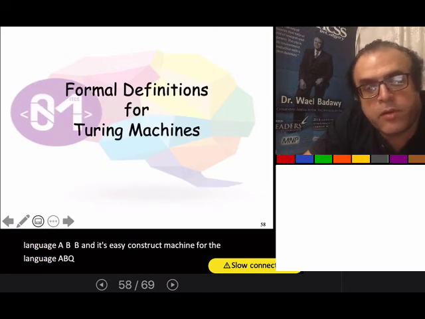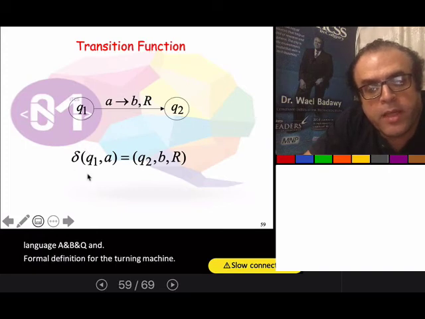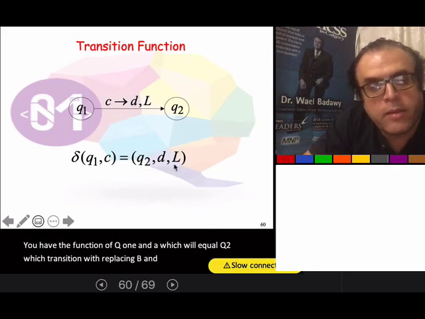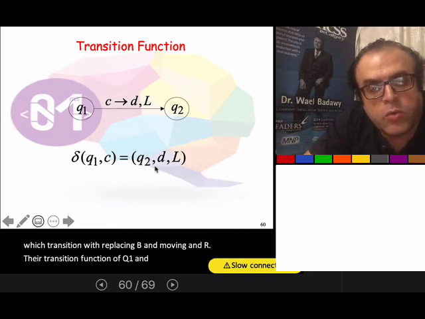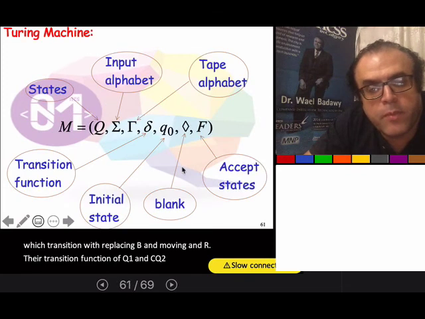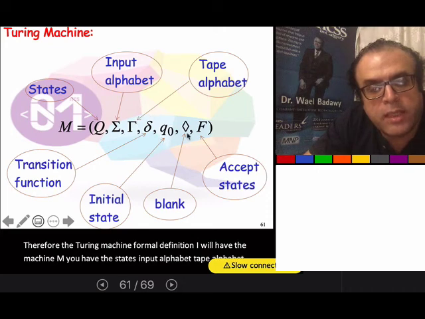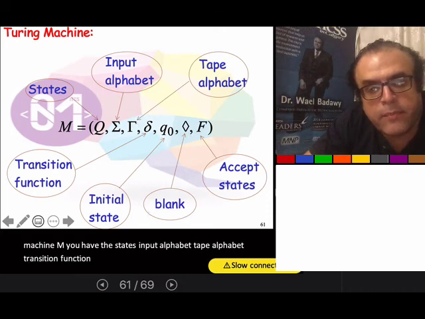Formal definition for the Turing machine: you have the function of Q1 and A, which equals Q2 with replacing B and moving R. The transition function of Q1 and C gives Q2, D, and L. For the Turing machine formal definition, I will have the machine M. You have the states, input alphabet, tape alphabet, transition function, initial state, blank, and accepting states.